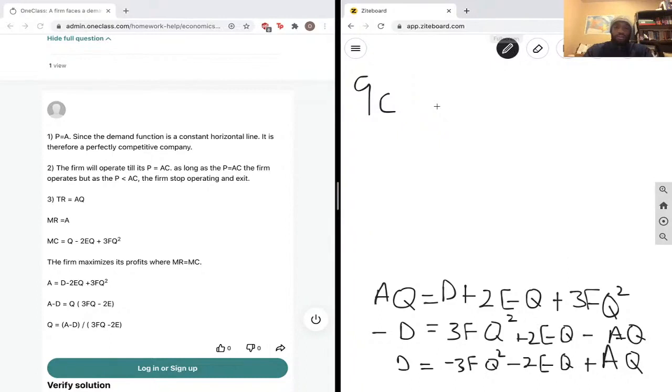Now we need to just factor out Q. So that would be D equals Q brackets 3FQ minus 2E, still a negative here, still a negative there, so negative 3FQ minus 2E plus A.